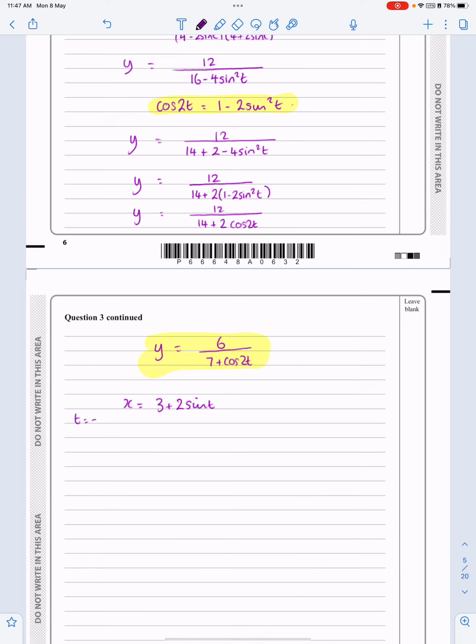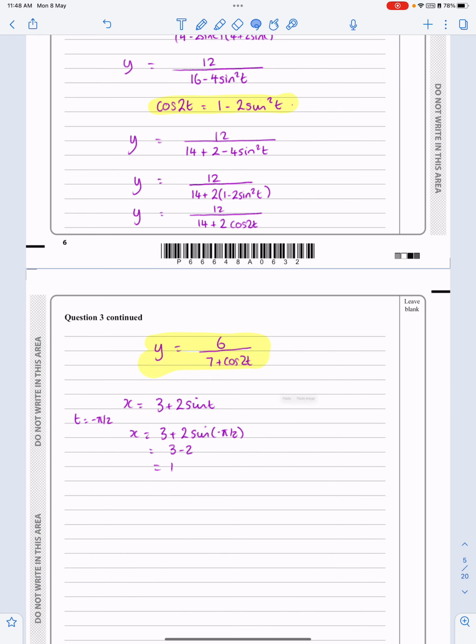When t is minus pi over 2, I'm going to get x equals 3 plus 2 sine minus pi over 2, and that's 3 minus 2, so that works out to be equal to 1.